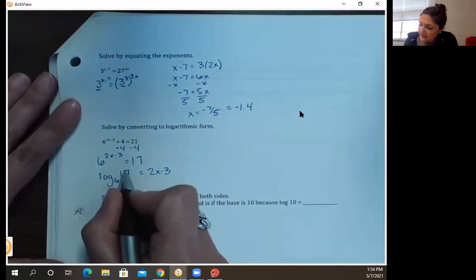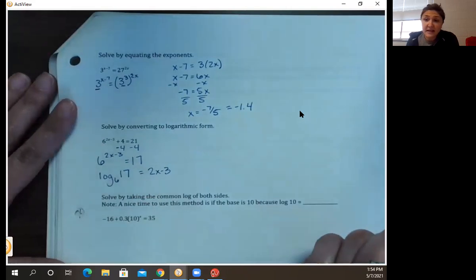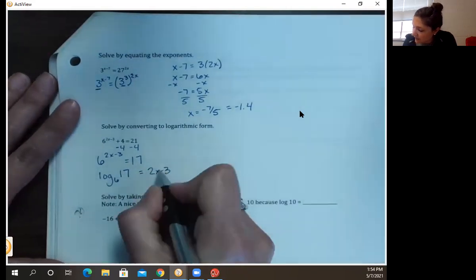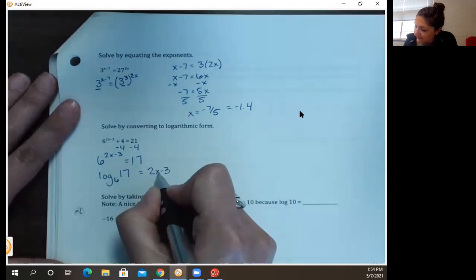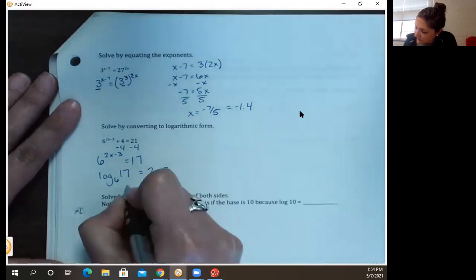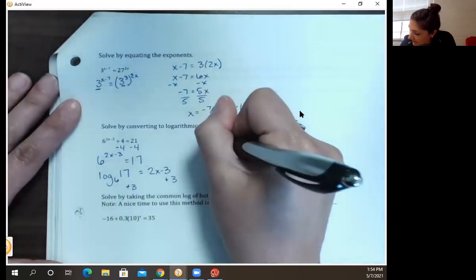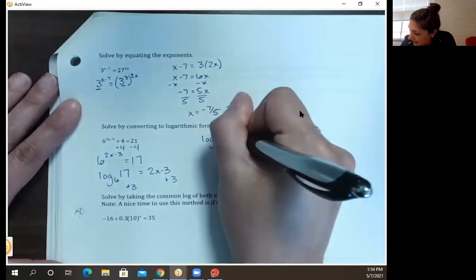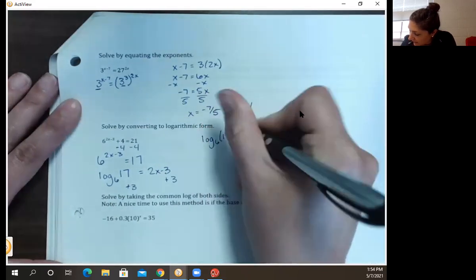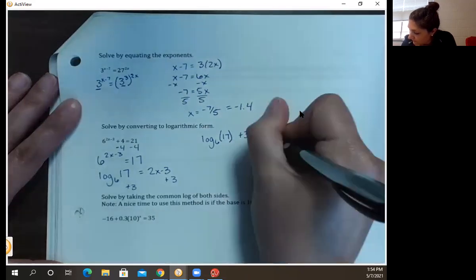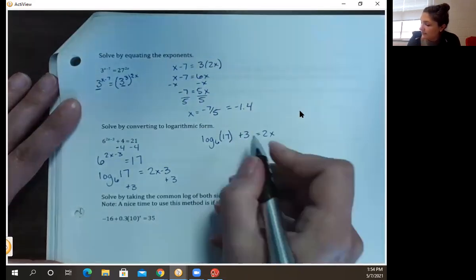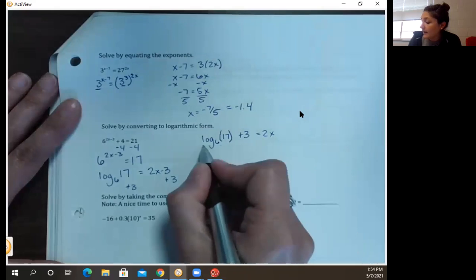I'm going to end up typing this in my calculator, but I want to do that at the very end so I don't lose any precision. So I'm going to sort of unravel this to get x by itself. So that means I'm going to add 3 to both sides. So I have here log base 6 of 17 plus 3 equals 2x. Notice that I'm adding 3 onto the log.